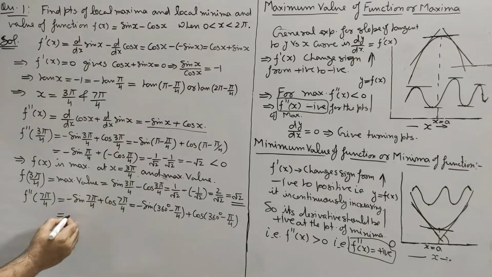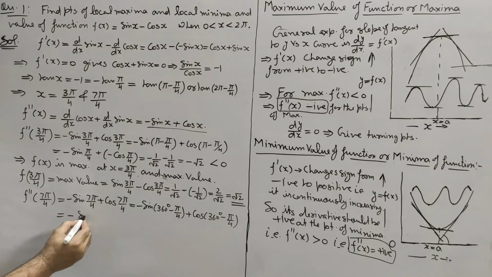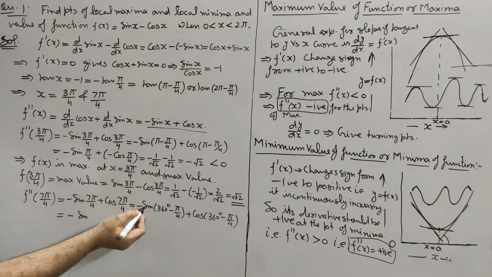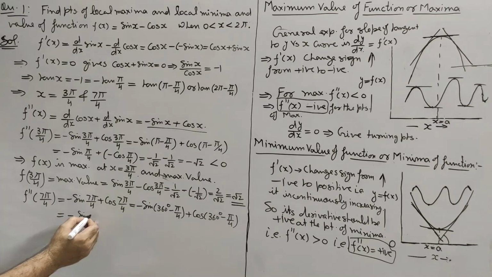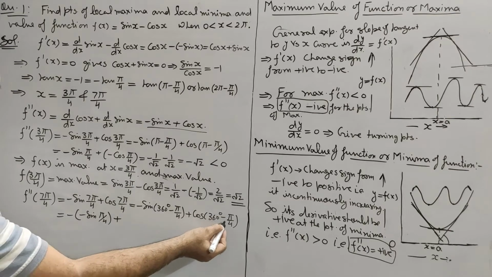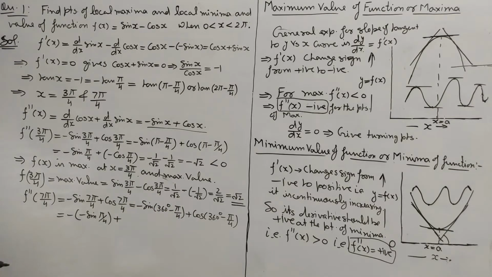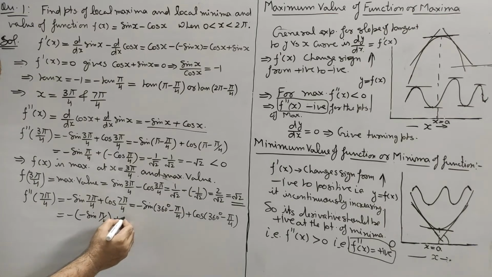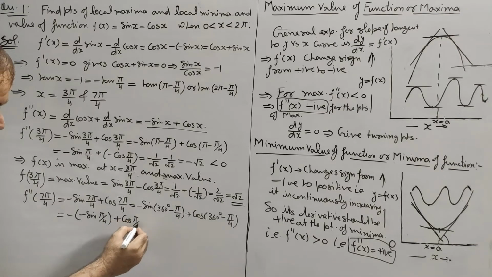So it will give minus sine, it is the case of 360 degree, so there will be no interchange. So it will give minus sine pi by 4. Now plus cos 360 minus theta will lie in fourth quadrant, and in fourth quadrant cos will be positive, so it will give cos pi by 4.